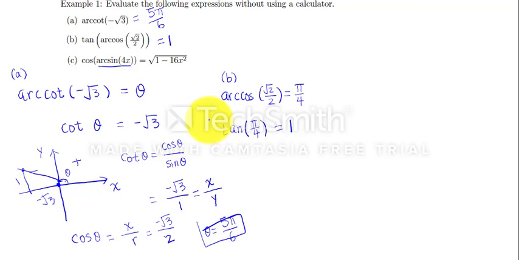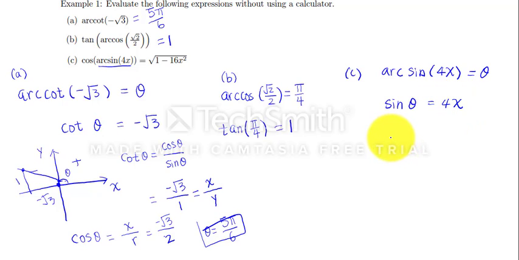So we're given the information: arc sine of 4x is the angle. What does it mean? That means this angle theta is an angle that has a sine value equal to 4x.